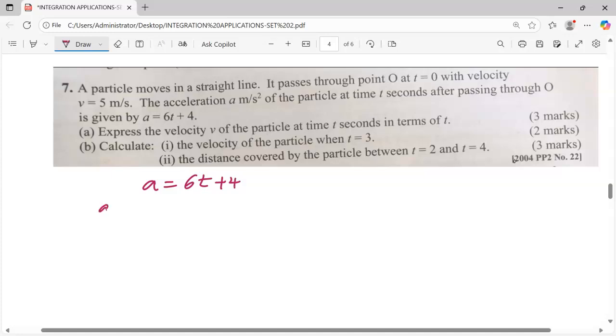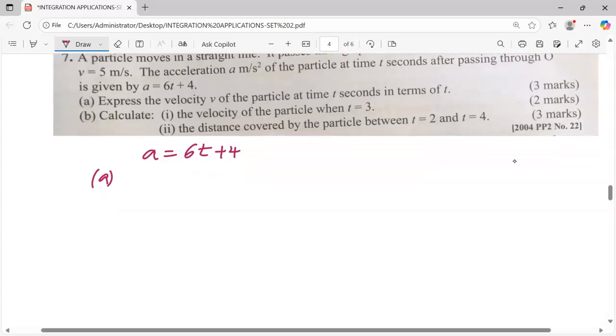Part A, we are told to express the velocity v of the particle at time t seconds in terms of t, 3 marks. Remember, given the acceleration function and you need velocity, you are going to integrate the acceleration function, which is 6t plus 4, with respect to time.